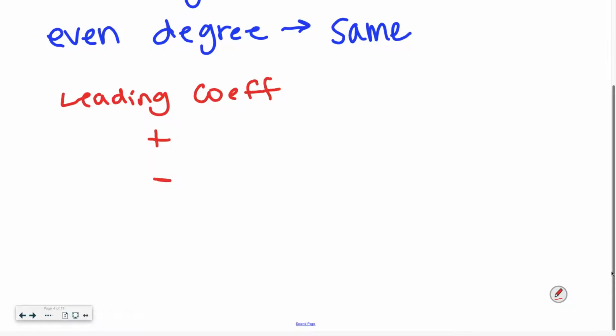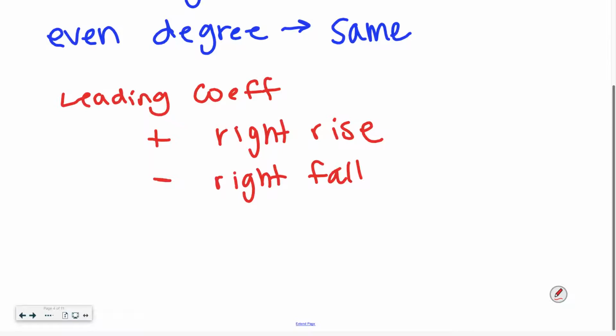Max, if we have a positive leading coefficient, what's happening on the right side of our graph? Is it going up or down? If we have a positive leading coefficient, the right is going to rise. If we have a negative leading coefficient, the right is going to fall.